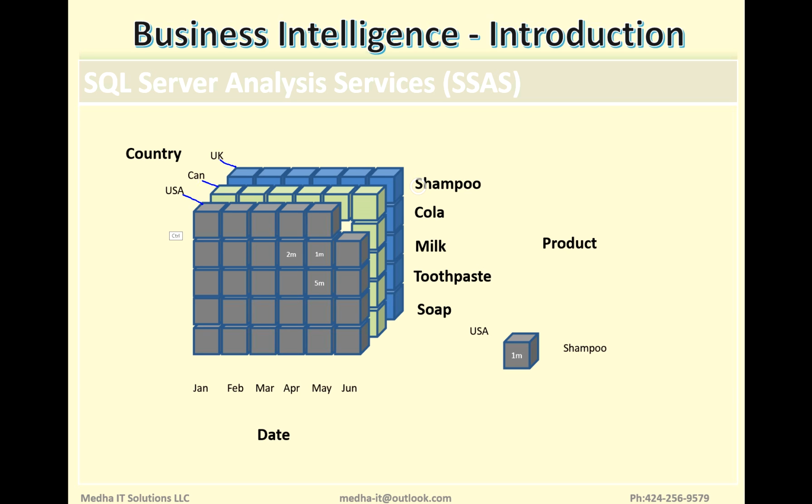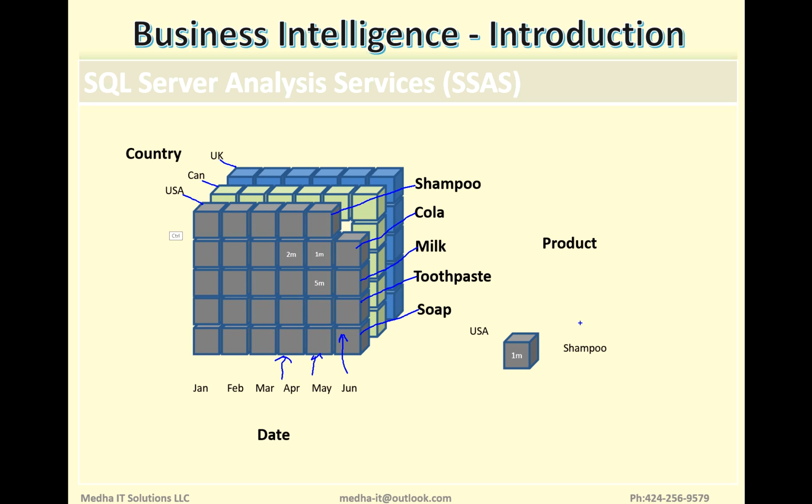Similarly, this one is for shampoo, the first row, second is for cola, third is for milk, toothpaste and soap. And this is the time, January, right? So if you look at the structure in this way, this particular small cube, 1 million sale, represents USA and shampoo and the month of June, right?